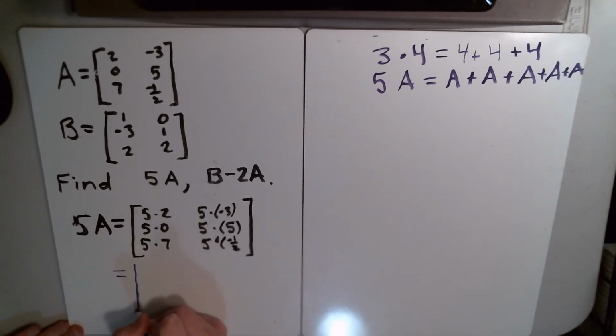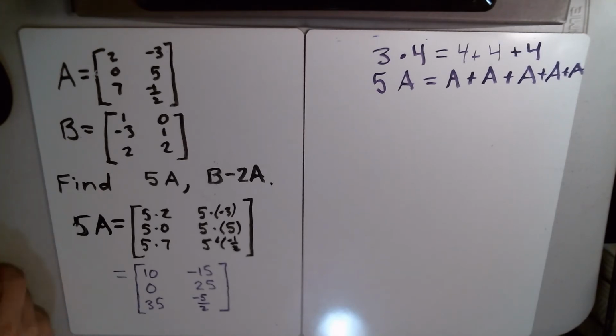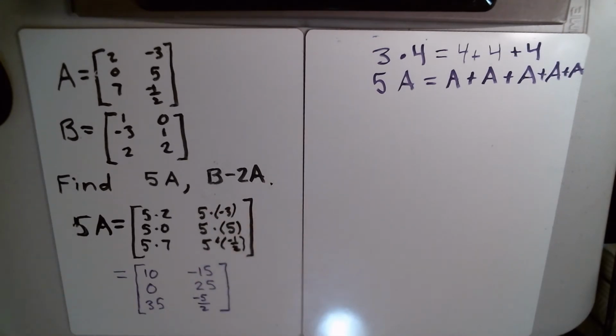My answer would be 10, 0, 35, negative 15, 25, and negative 5/2. So when we're multiplying, we just multiply all the entries by the scalar that's out front. That would be our final answer for 5A.